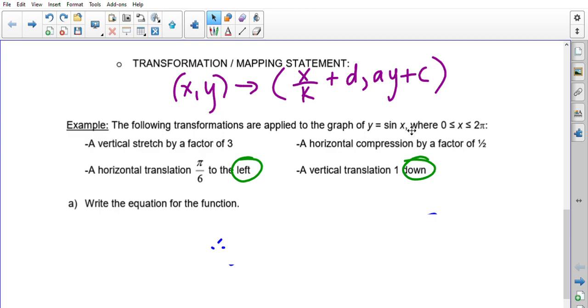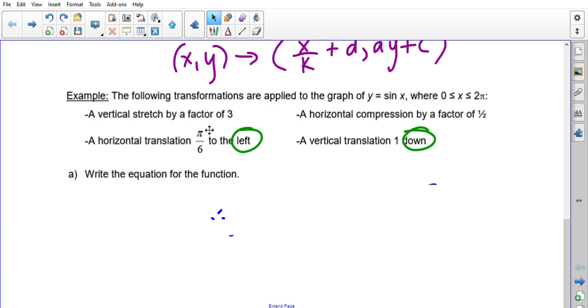Okay, so see how x can be used just like a theta. Right here it's telling you that it is in radians. All right, we've got a vertical stretch by a factor of 3, a horizontal compression by a factor of 1/2, a horizontal translation pi over 6 to the left, and a vertical translation 1 down.